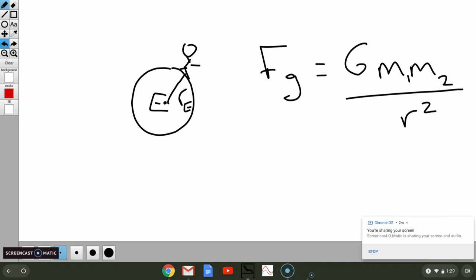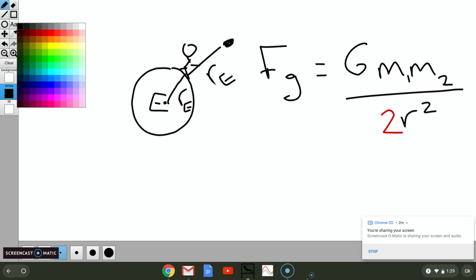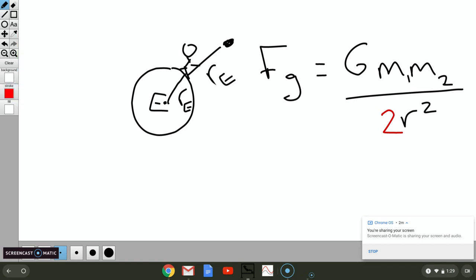The one where some people struggle a little bit is what happens if I double the radius, or the orbital radius. So if we moved our little guy one Earth radius out here so that he was now located here, we're effectively doubling the radius. Well, I'm not doubling anything in the numerator.